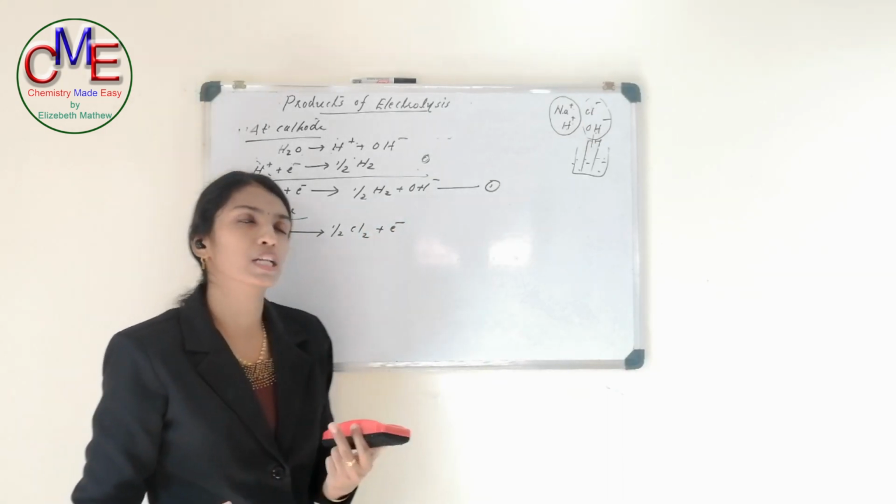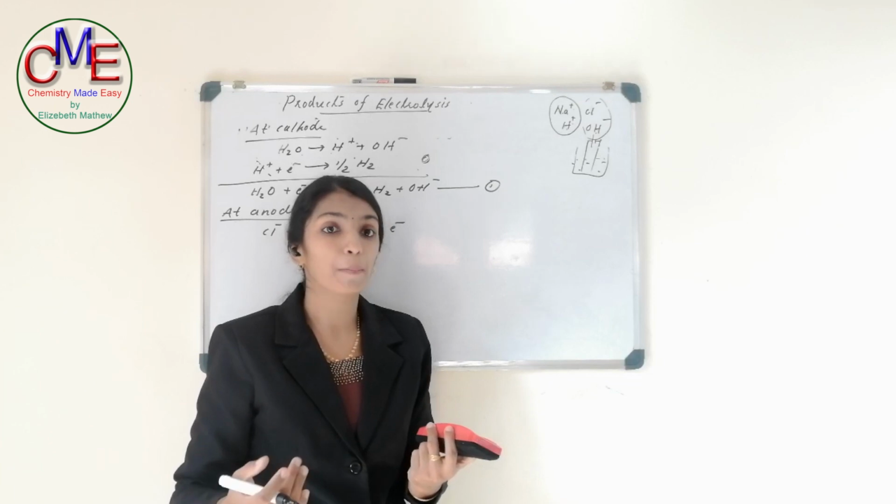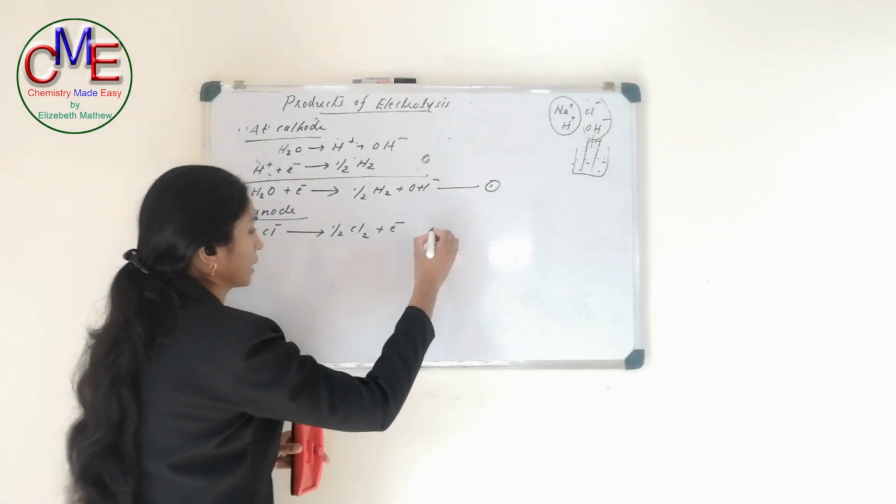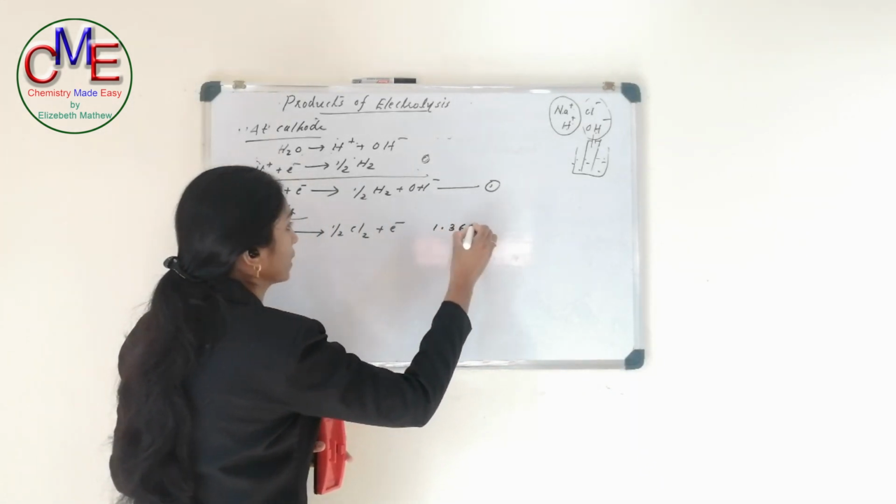Its electrode potential value is 1.36 volt.